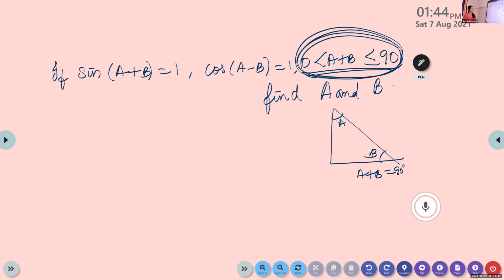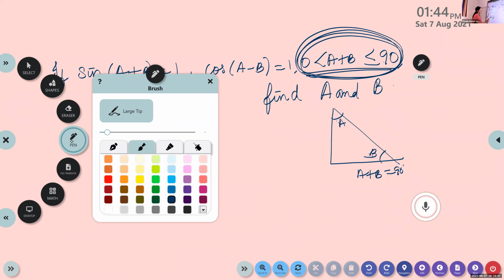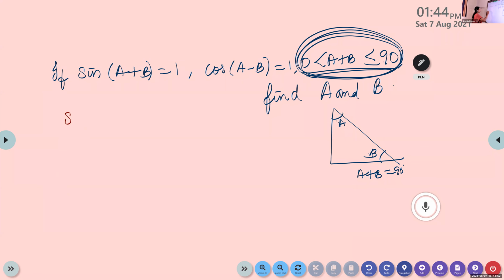Find a and b. So you start with sine of a plus b is 1. For which value will you get 1 in sine? Sine 90. Like the previous questions, you take 1.